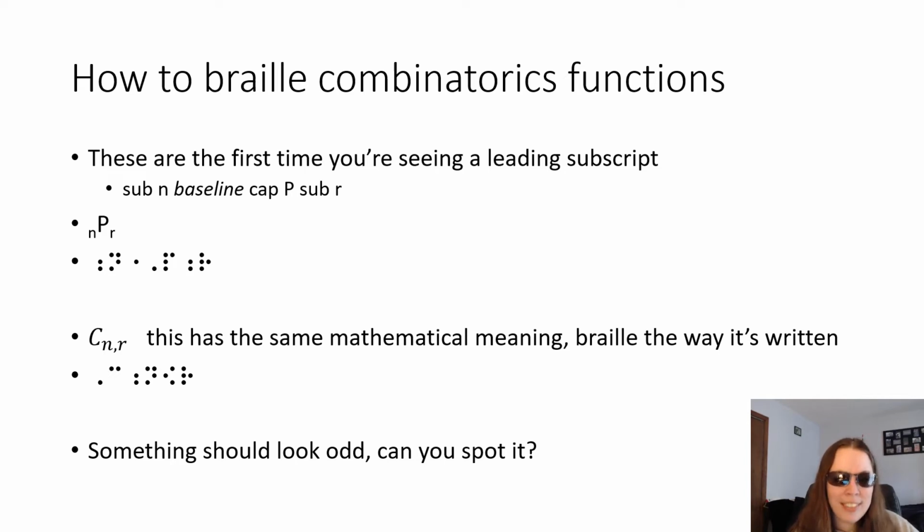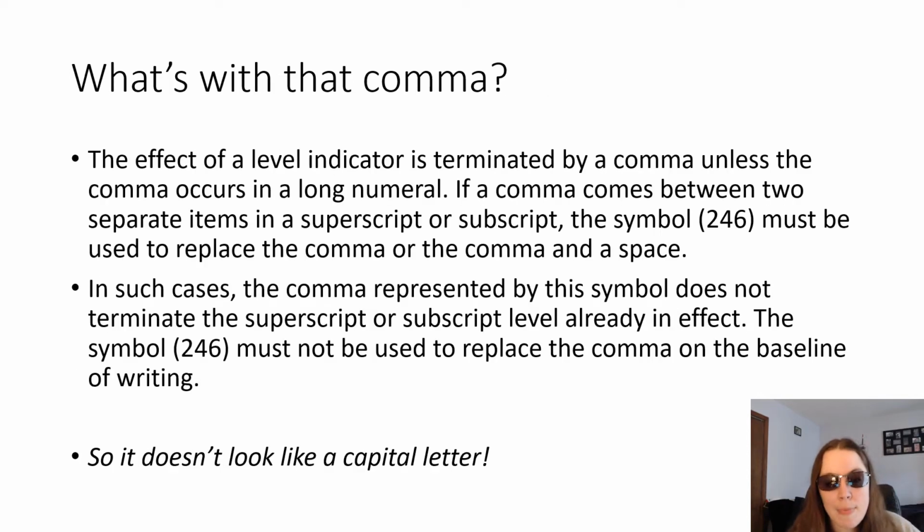The comma in C sub n comma r is not a comma you're familiar with. That comma is because the rule says that the effect of a level indicator is terminated by a comma, unless the comma occurs in a long numeral, like 100,000.